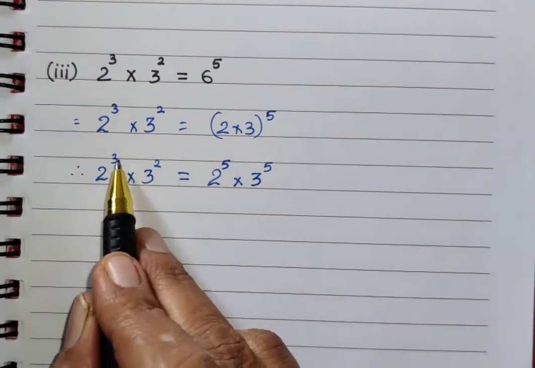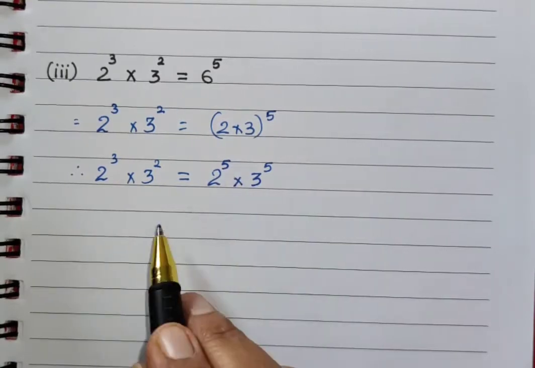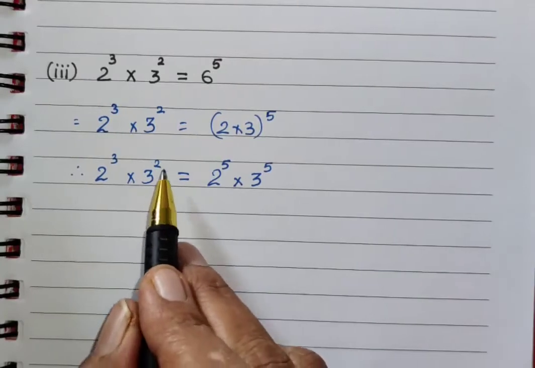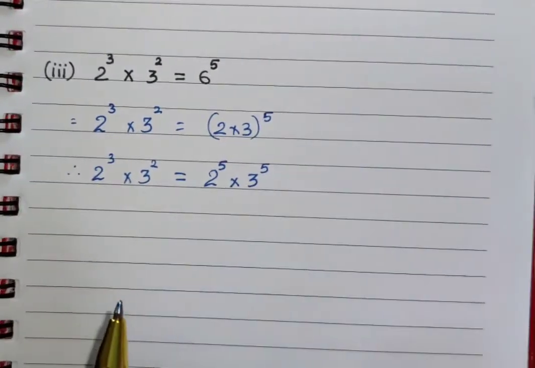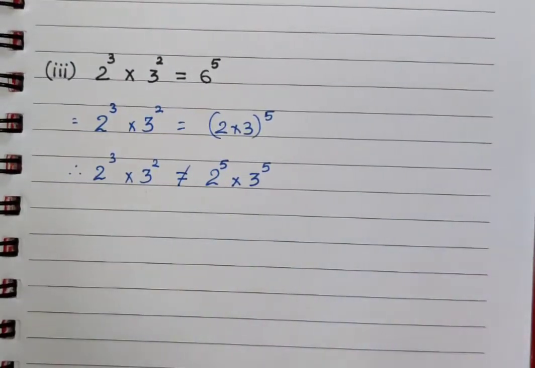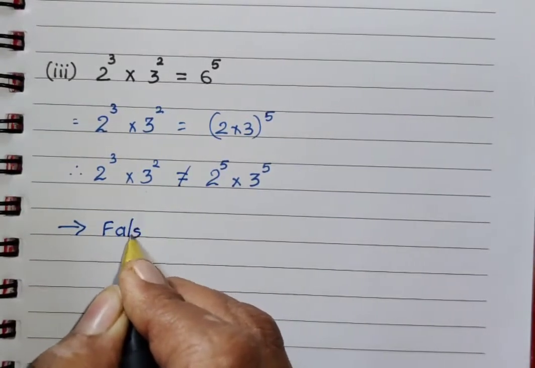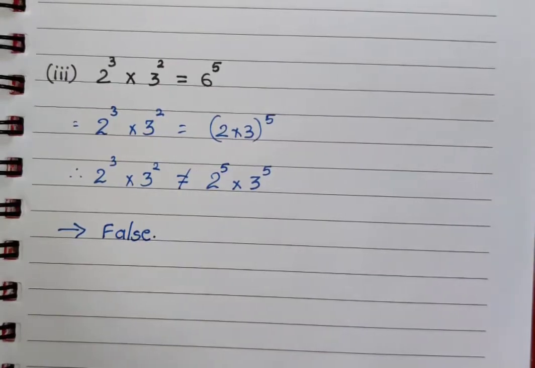Here 2 is having the power cube, but here it is having 2 to the power 5. Here it is having 3 to the power 2, that is 3 square, but here it is 3 to the power 5. So both are equal? No, they are not equal. So again we have the statement as false. I hope students you are understanding. Now let us move ahead.